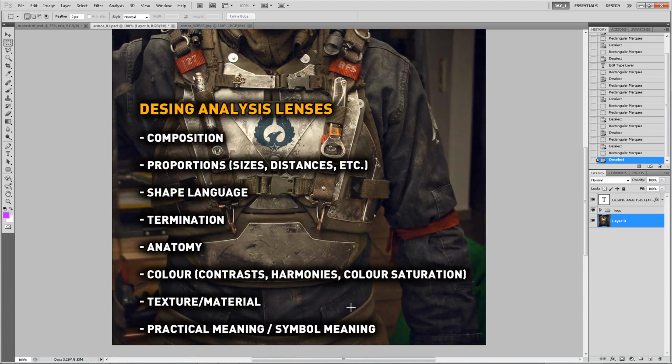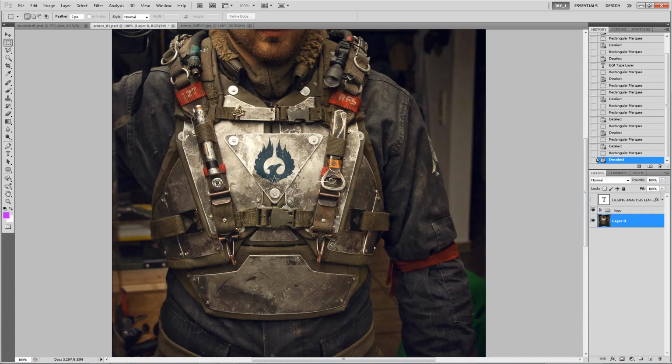So, texture and material. You can see here that there are many textures, many different ones. So we have this fabric right here, then a different fabric here on that padding of the armor. Then we have the metal of the armor. Then we have the webbing right here. Then we have metal again here and some plastic or duct tape stuff here.